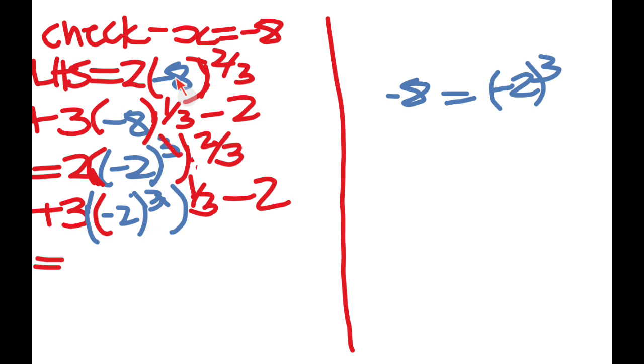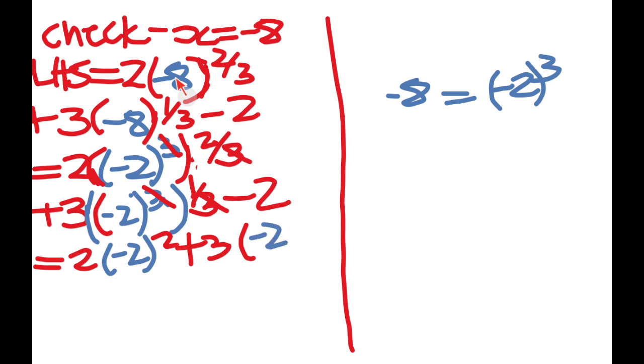The 3's cancel here. So you're left with 2 times negative 2 all squared. Plus 3. The 3's cancel here. And you're left with negative 2 minus 2.